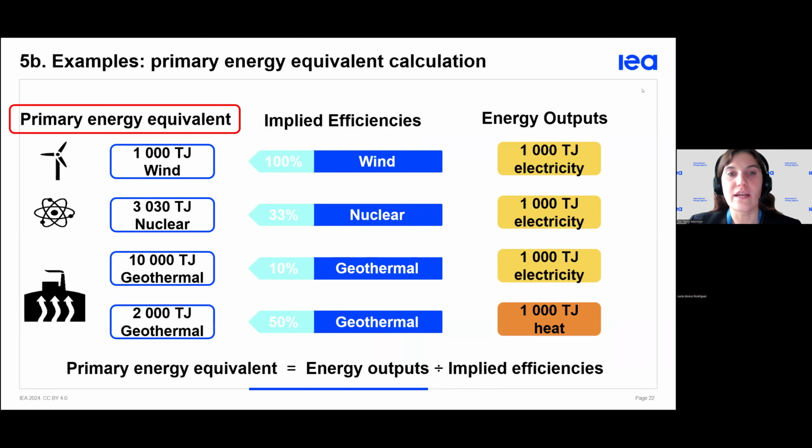Taking a look at nuclear, as I explained before, you have 1,000 terajoules of electricity as your output. You use the 33% efficiency to get your primary energy equivalent, which is heat. And in this case, it would be 3,030 terajoules of nuclear heat. So to summarize, primary energy equivalent is equal to your energy output divided by your implied efficiency.